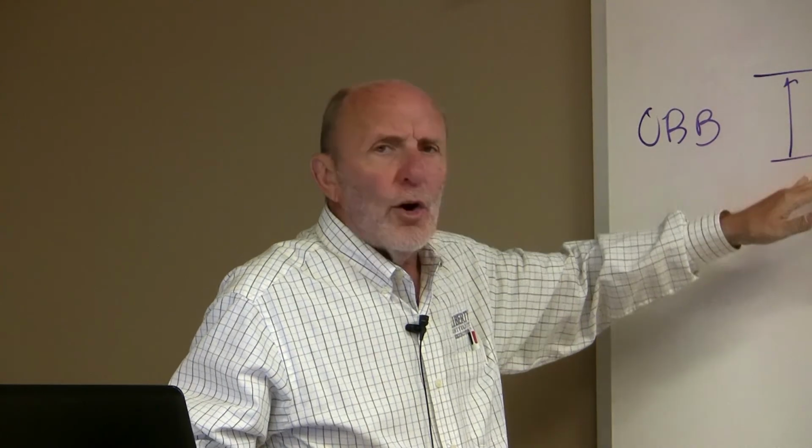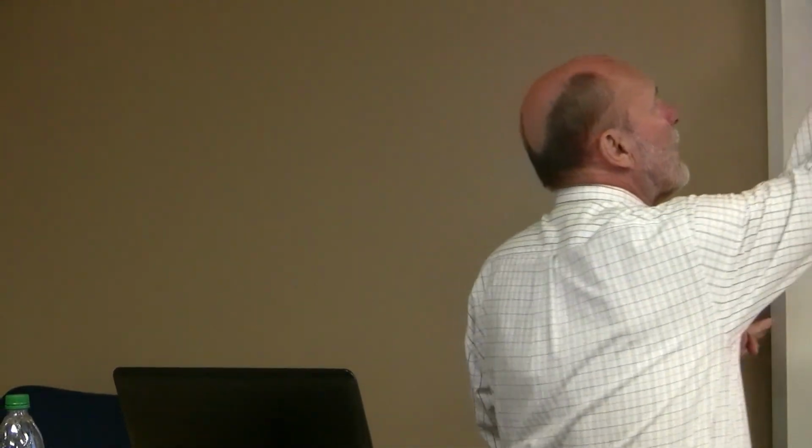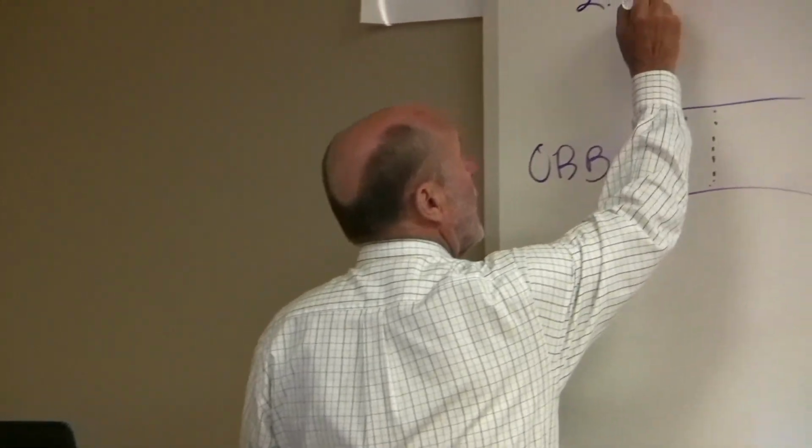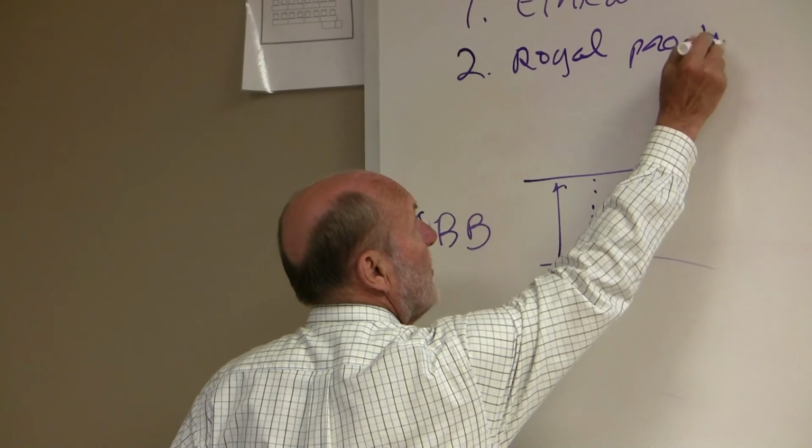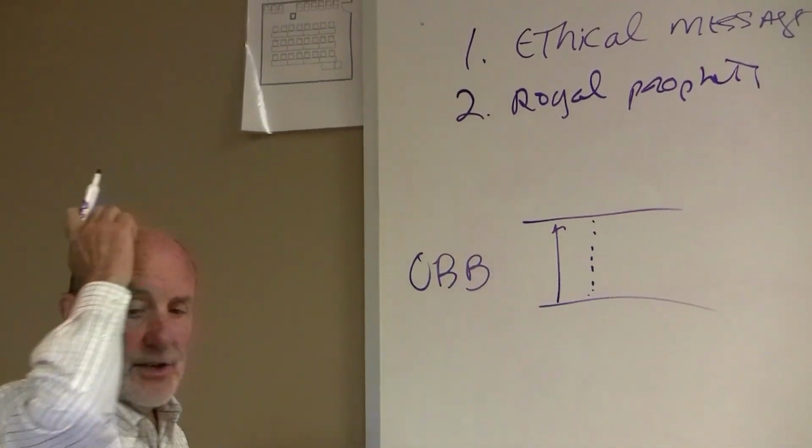So to call the Old Testament prophets ecstatics seems to me to be imbalanced. Secondly, they were royal prophets, and so in that sense of the word, some of these prophets, like Isaiah, Micah comes to mind, were prophets that served the king as advisors, counselors.